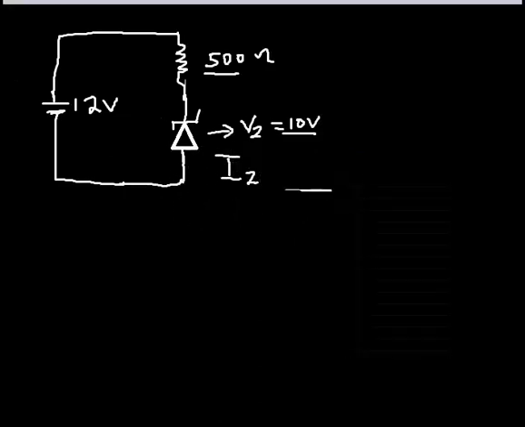This is the maximum Zener current, the maximum current that the Zener could actually take before it shuts down. If you take more than this current, it will shut down. So this is the maximum Zener current.